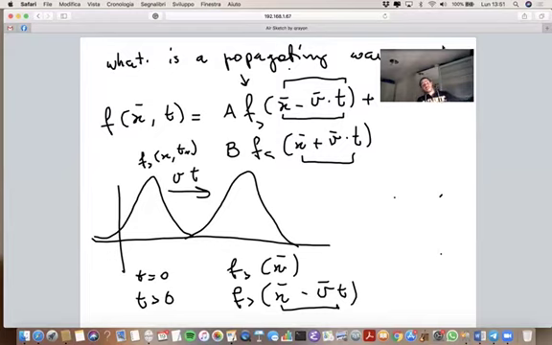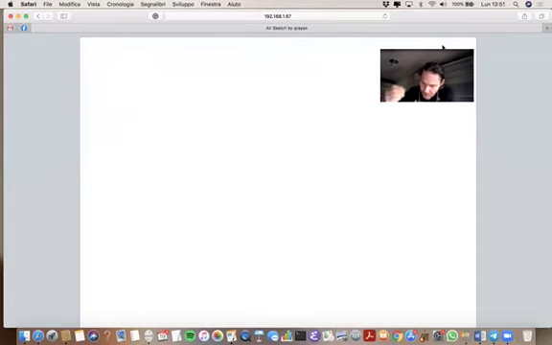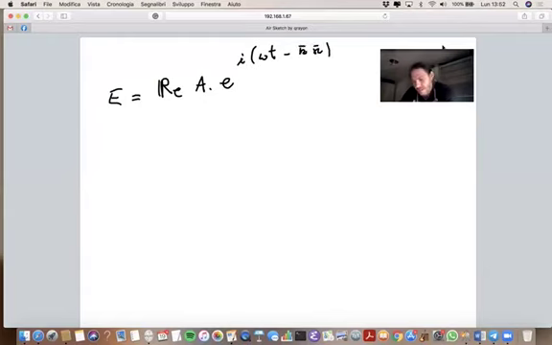For instance, the electromagnetic field: one way to remind yourself of what it is, is that it's the real part of some amplitude times a phase, and that's a planar wave.